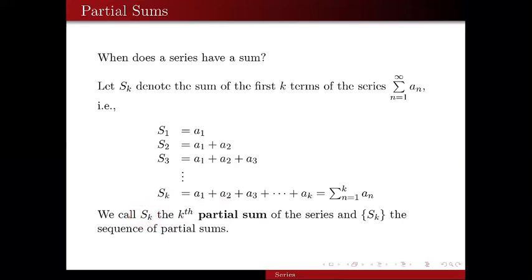You form the sequence whose terms are the S sub k's. You have S1, S2, S3, etc. Those will be the terms of this sequence. We call it the sequence of partial sums.